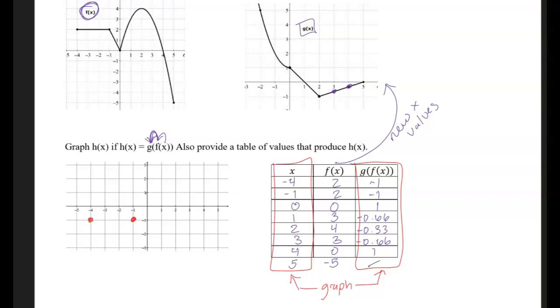We have 0, 1. Then we have 1, -0.66. And 2, -0.33. And 3, -0.66. And 4, 1. And then going left to right, we just connect those points. And that's what we end up with.